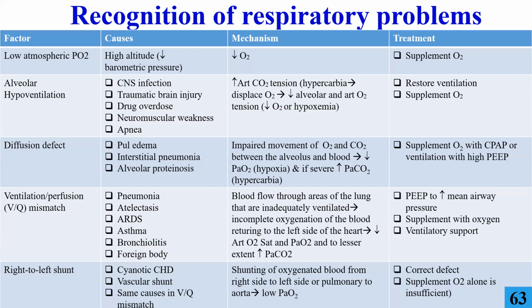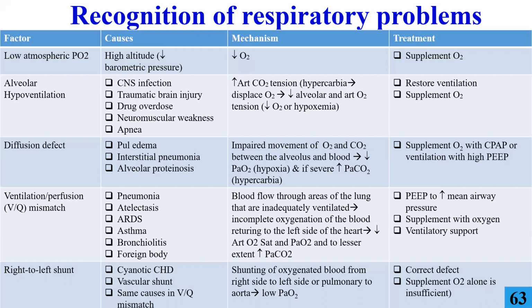So the first cause of decreased oxygen is altitude. Second, the other problem that we will face is what we call alveolar hypoventilation. That means there is no air going in and coming back from the alveoli, and therefore we are not washing out CO2.